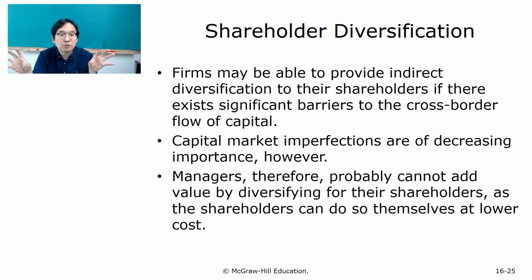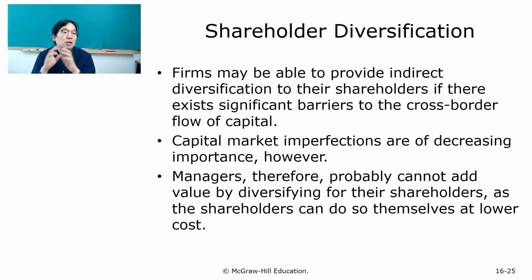All different countries' risk, the idiosyncratic component of that, right, will be canceling each other out so that your company itself will have diversification, right? Firms may be able to provide indirect diversification. We call it indirect diversification because this is company-level diversification instead of investor-level diversification.